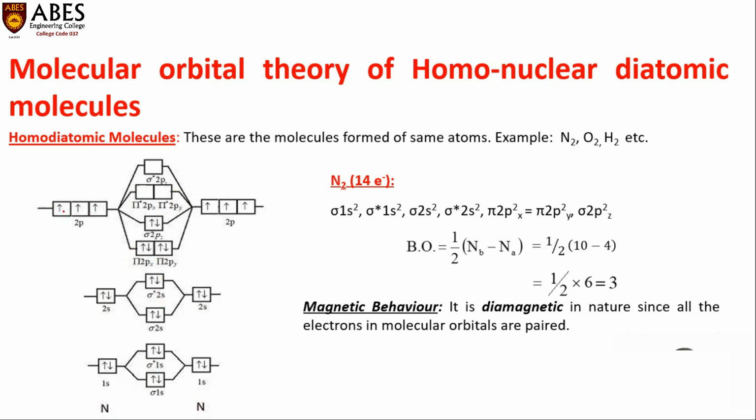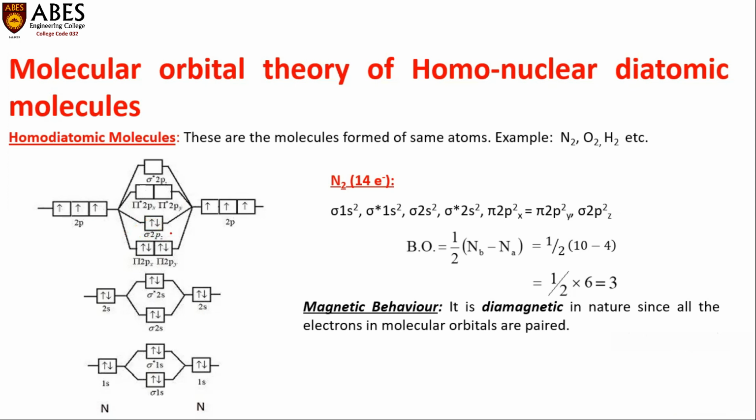First 1 electron will come from this orbital to here, and then 1 electron will come from this orbital to here. Then the next electrons will fill, and pairing will take place after the filling of these pi orbitals. Then the remaining electrons will enter into the sigma 2pz orbital.